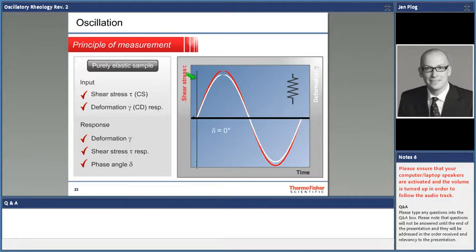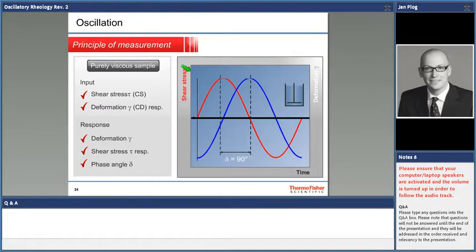Now let's have a look at the other extreme. When you have a purely viscous fluid, we do the same thing. We apply a sinusoidally modulated stress amplitude, here in red. However, the viscous body will not follow the input stress instantaneously.